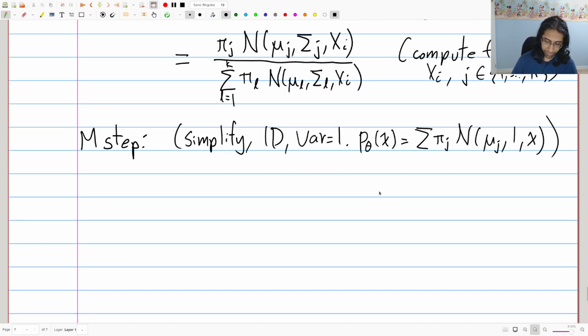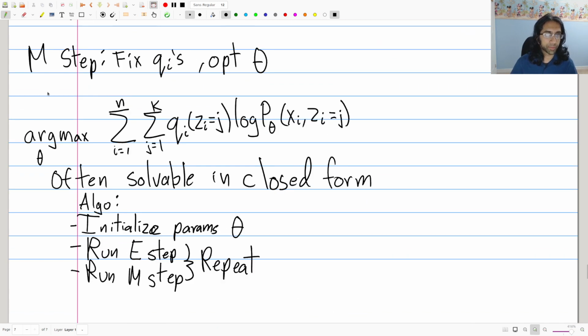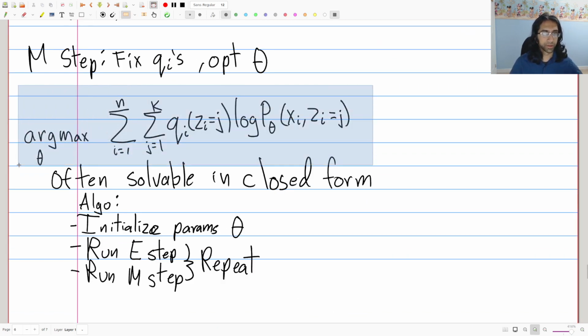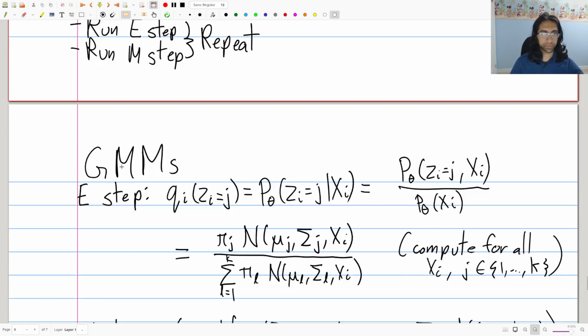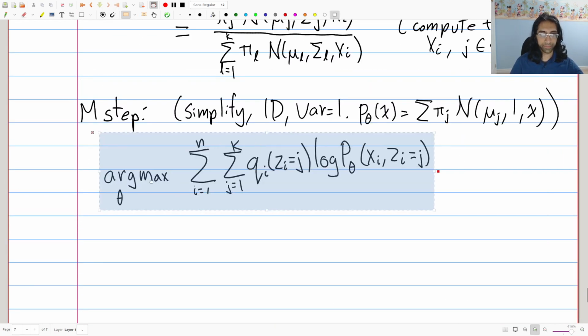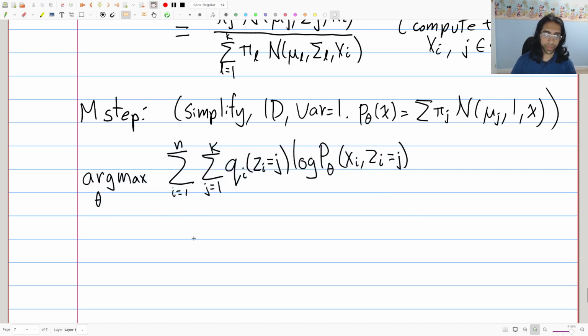But yeah, what is the M step? Let's compute it. So what are we trying to do? Let's take a look and just copy paste it, so that you know I'm not trying to pull a fast one on you here. So here's what we got, and essentially all we do is just substitute in the expression for the PDF here.